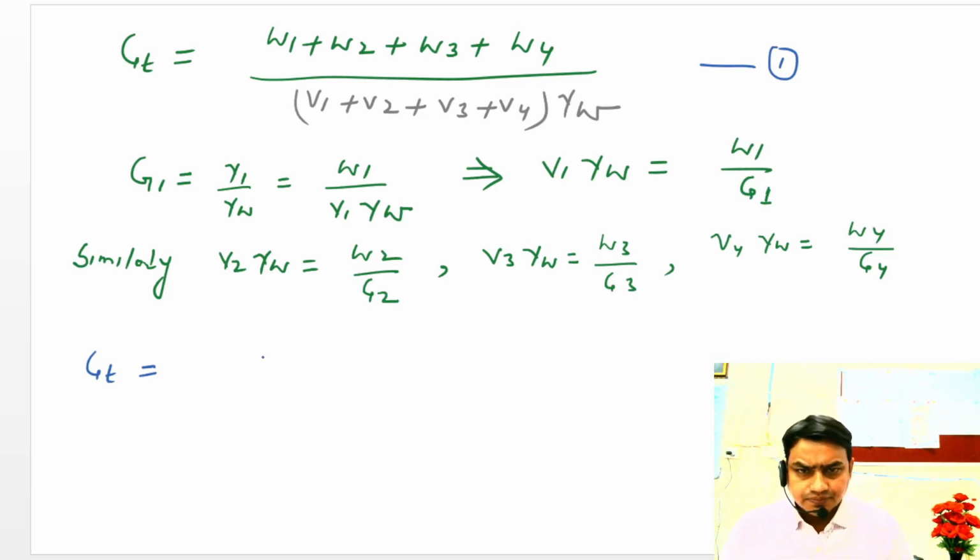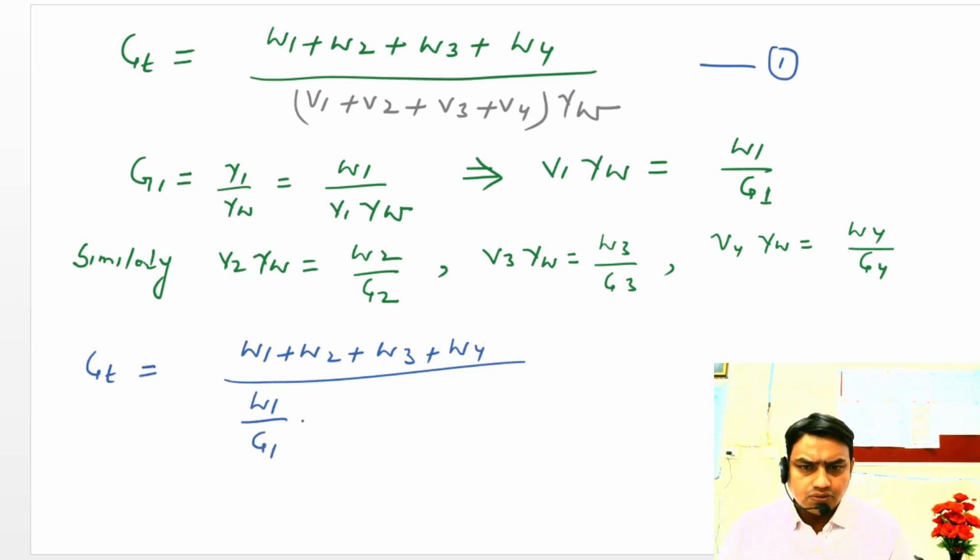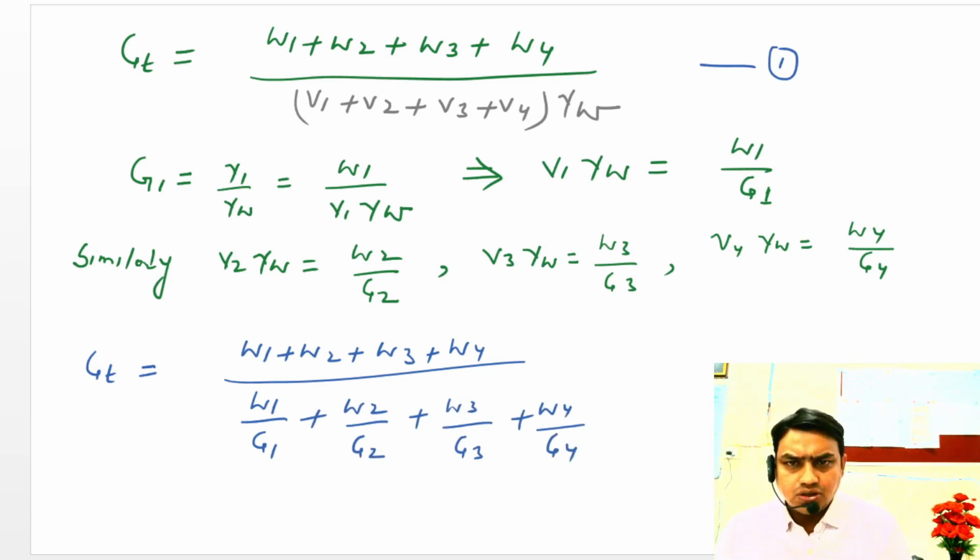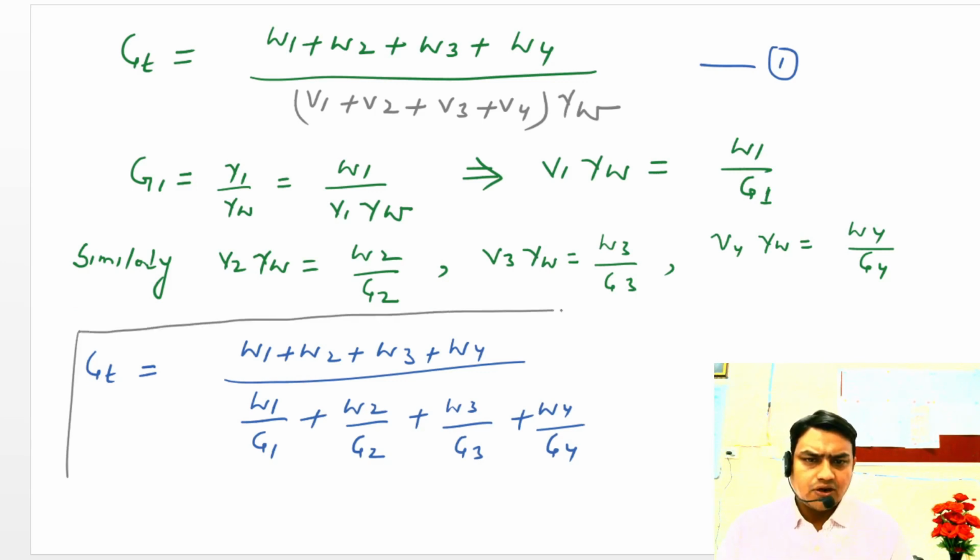So it will be sum of W1 plus W2 plus W3 plus W4 divided by W1 by G1 plus W2 by G2 plus W3 by G3 plus W4 by G4. So this is our theoretical or apparent specific gravity of the mix.